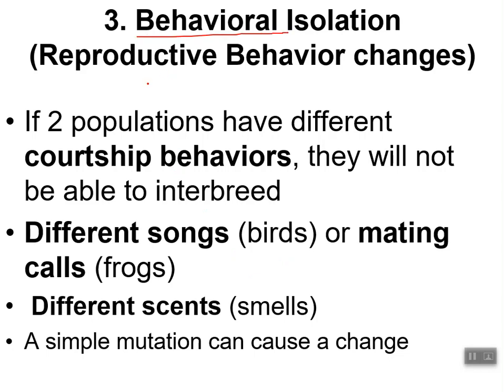Behavioral isolation. This is when there's some kind of mating ritual. It could be a song, a dance, or a scent that is not understood by other individuals of that group. So they could have different courtship behaviors, croaking or intonation or pitch for birds or frogs, or smells. And you might say this is a really complicated thing.